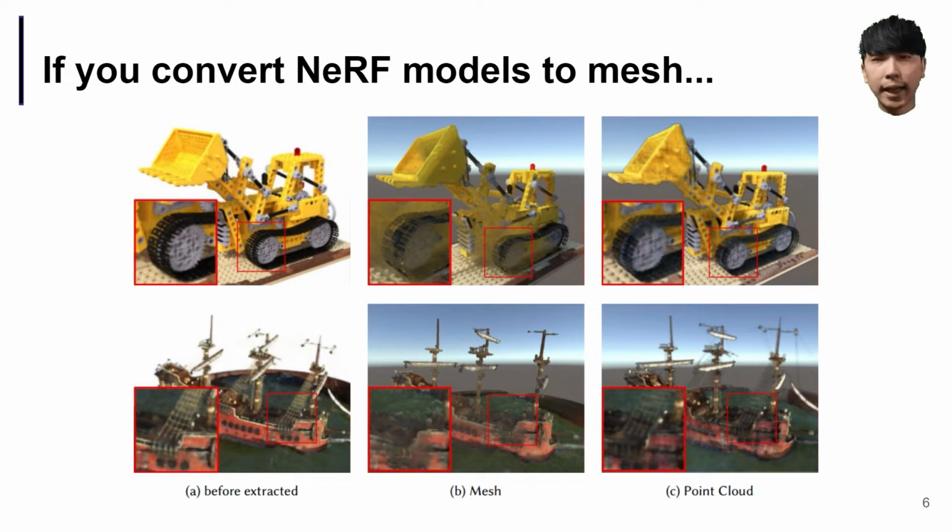Several previous studies have attempted to convert NeRF to mesh or point clouds, but the appearance is clearly worse. Data-driven learning can learn the correct appearance, but it cannot perfectly reproduce the density, and small density errors can cause the appearance to deteriorate significantly when converting to mesh or point clouds.